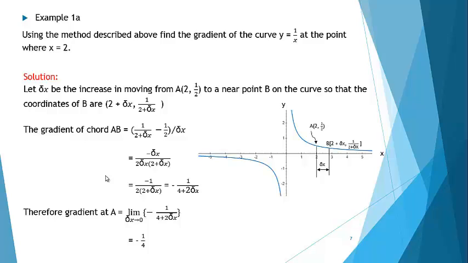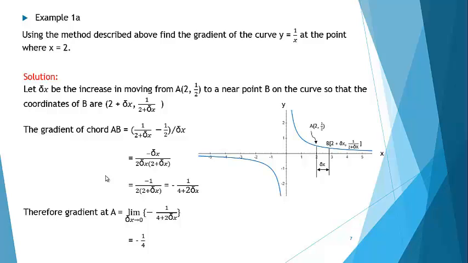The gradient of chord AB equals the increase in y over the increase in x. So the increase in y equals 1 over 2 plus delta x take away 1 half, over the increase in x, which is delta x. By simplifying, the gradient of chord AB becomes negative delta x over 2 delta x bracket 2 plus delta x.